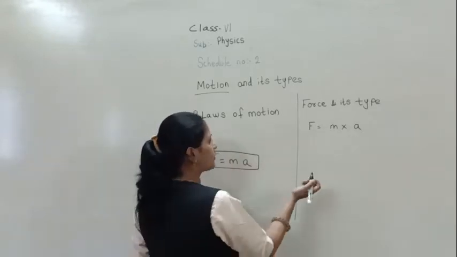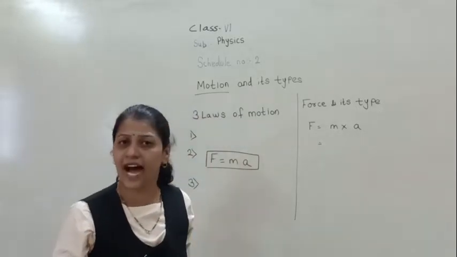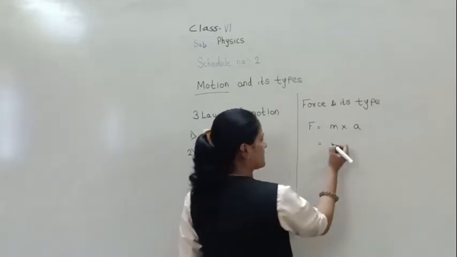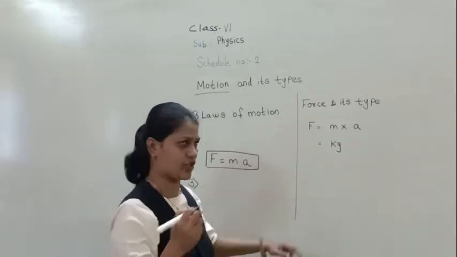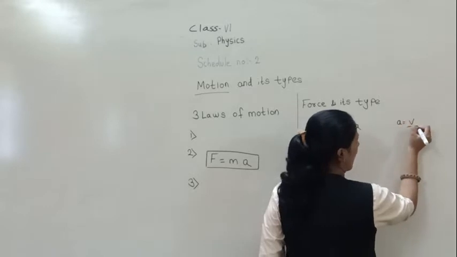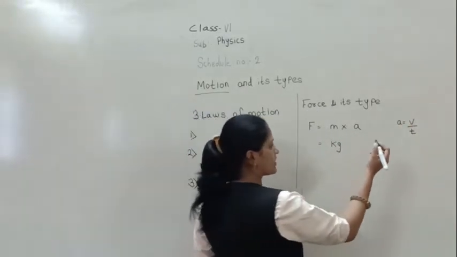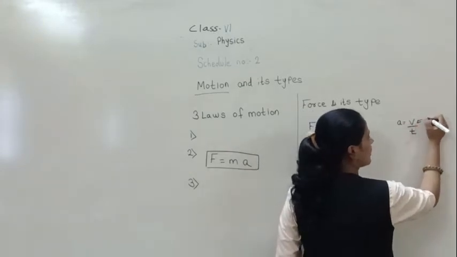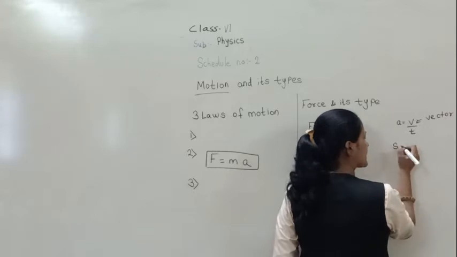So let's derive the unit of force. As you know, what is the SI unit of mass? Yes, mass is measured in kg. And acceleration is nothing but velocity upon time. Velocity is a vector quantity, and speed is a scalar quantity.